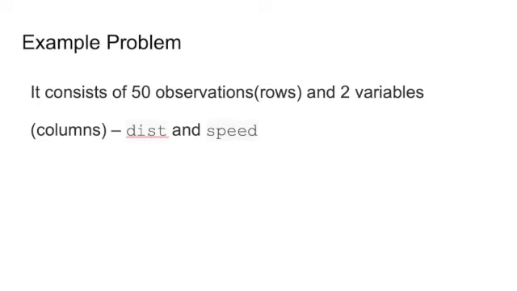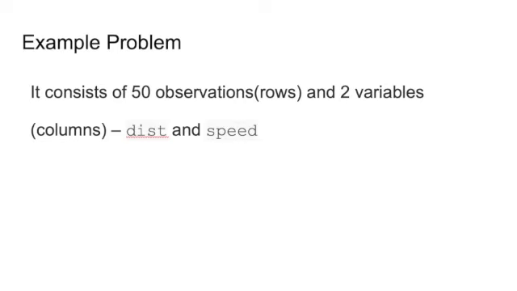Example problem. For example, we have a data set. It consists of 50 observations, that is 50 rows, and 2 variables, that means 2 columns, distance and speed. Currently, we want to use the speed value to estimate the distance value. So the distance is our dependent variable and speed is our independent variable.